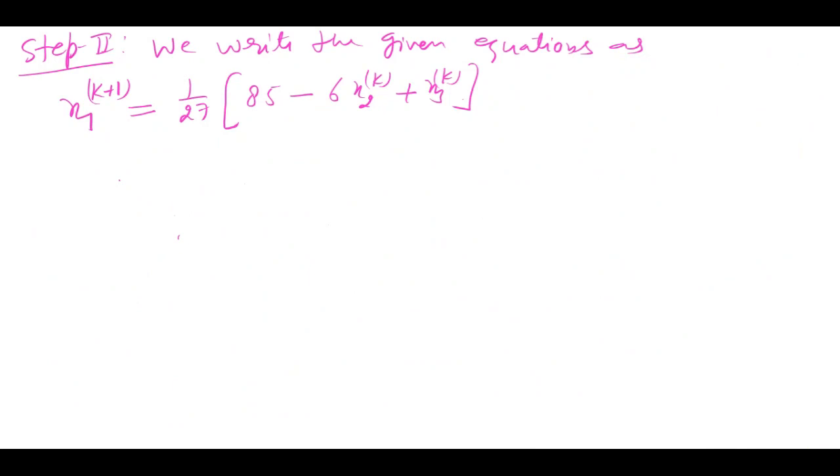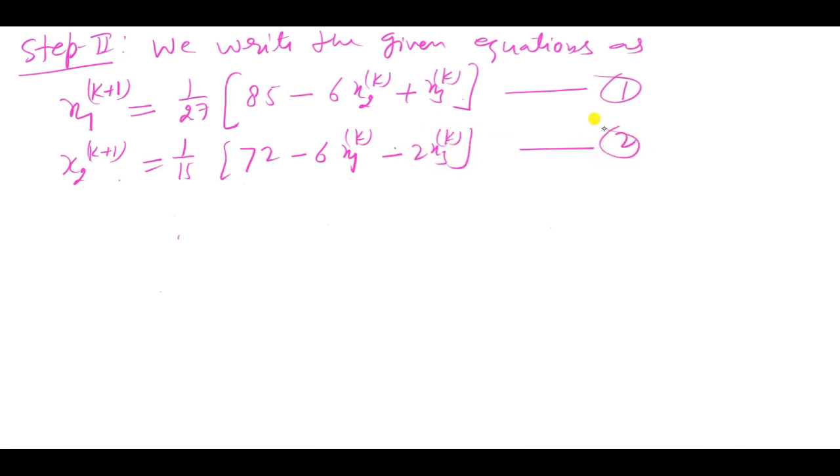So this is equation 1. Now for equation 2, x2^(k+1) is equal to 1 upon 15 times (72 minus 6 x1^(k) minus 2 x3^(k)).